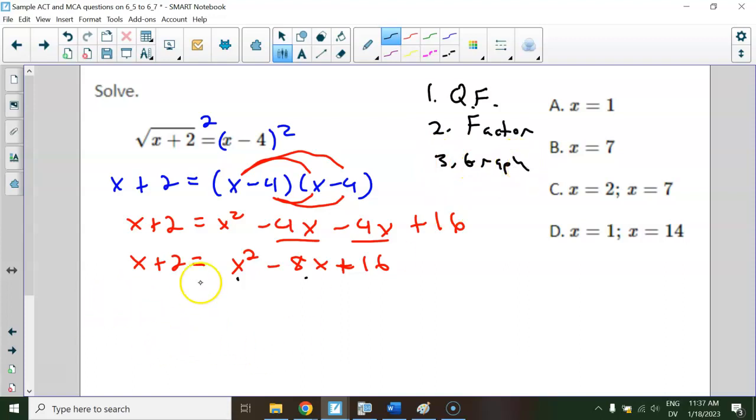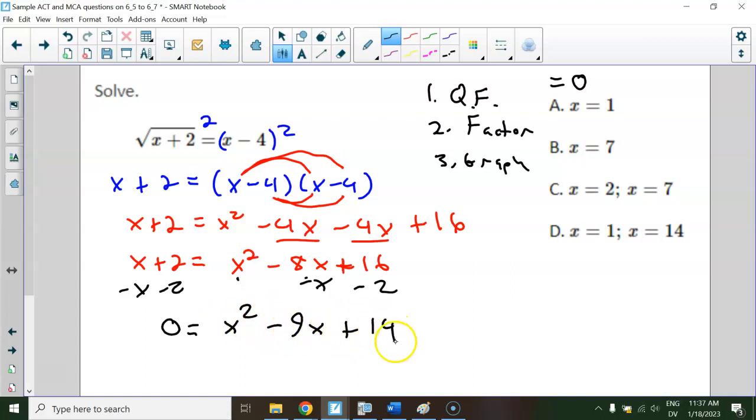Okay, so any one of those methods needs 0 on one side, right? So I would start by taking away an x and minusing a 2. So we end up with 0, and then we have x squared minus 9x plus 14.